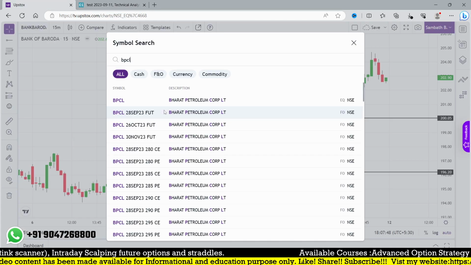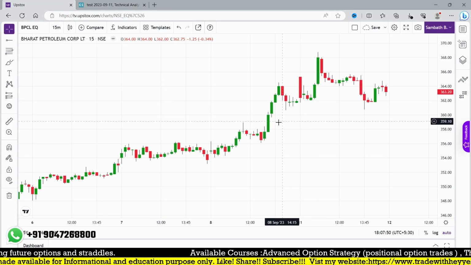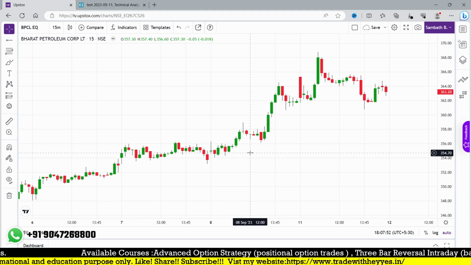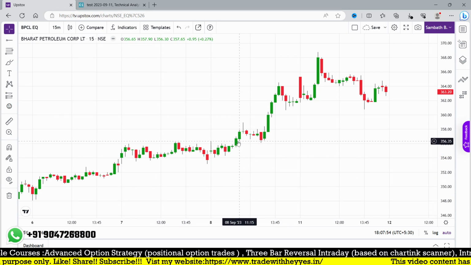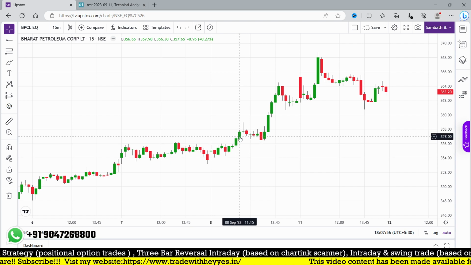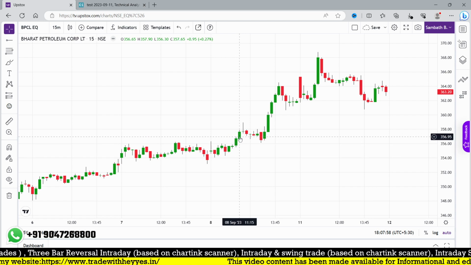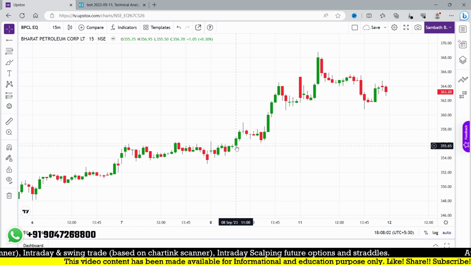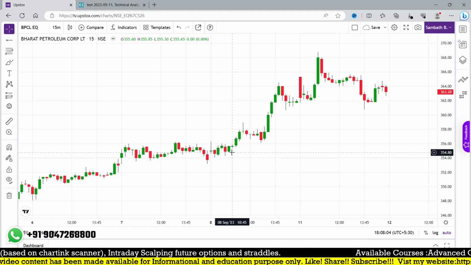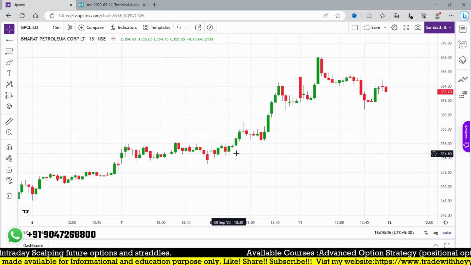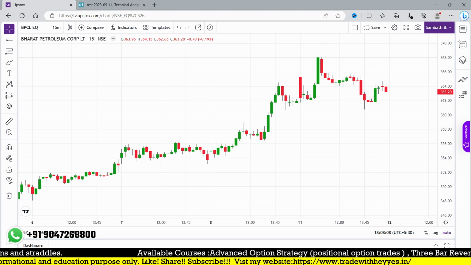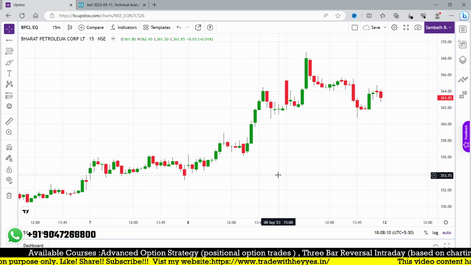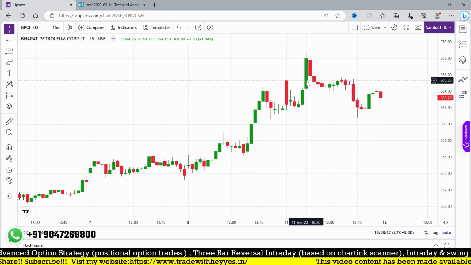Let me go for BPCL at 1030, around this point. After that it gave such a big move, but what I'm going to focus on for BPCL is around 1030, on the 11th, maybe at this candle.